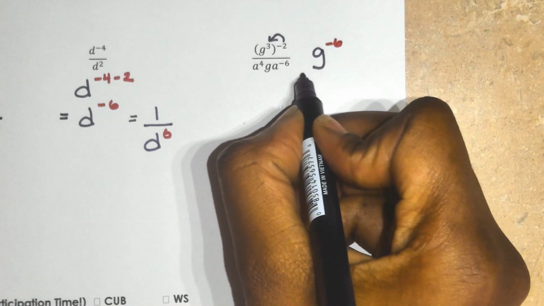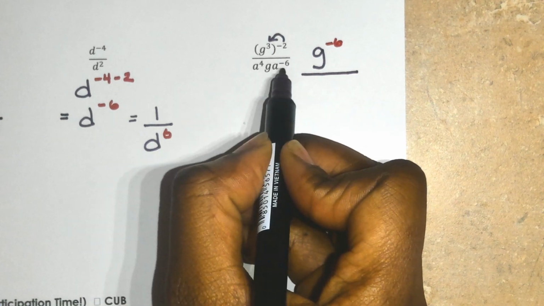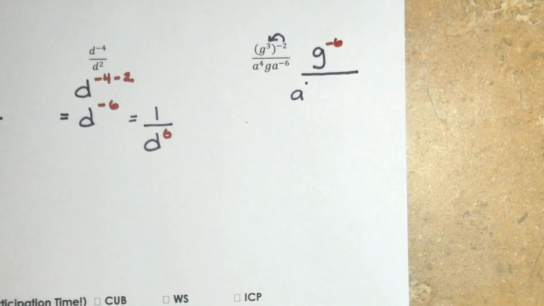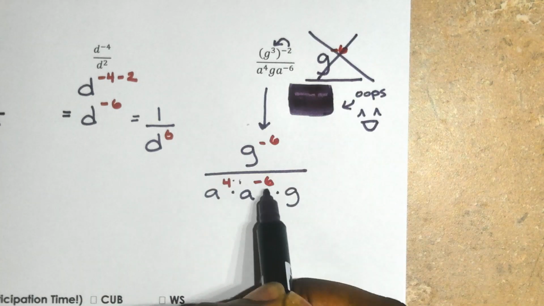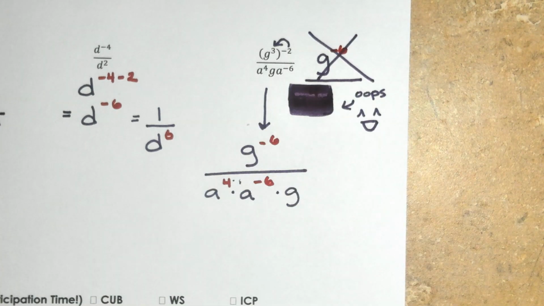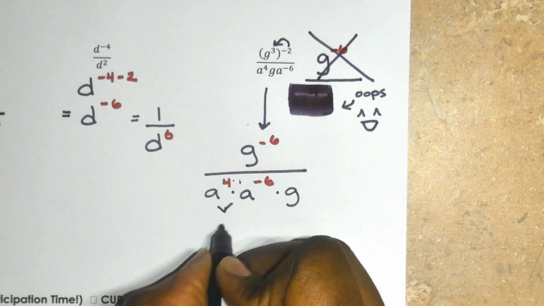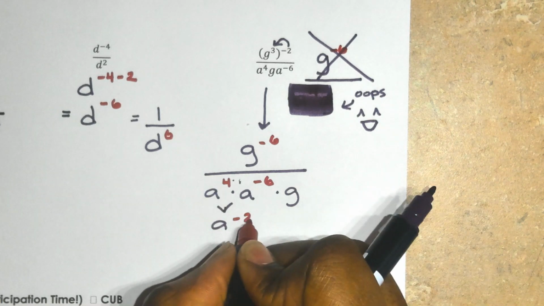And on the bottom, I'm just going to move the terms with the common base closer to each other. So that's a to the 4th power times a to the negative 6 is multiplication. So I'm going to keep the base and add the exponents. And that gives me a to the negative 2nd power.